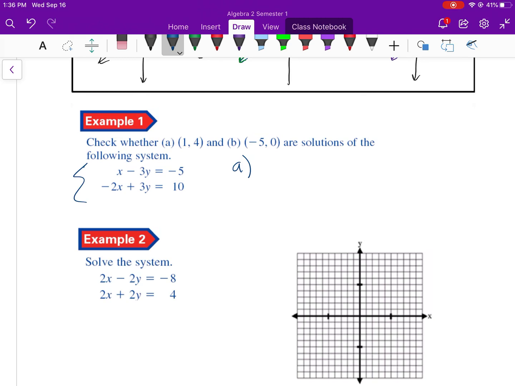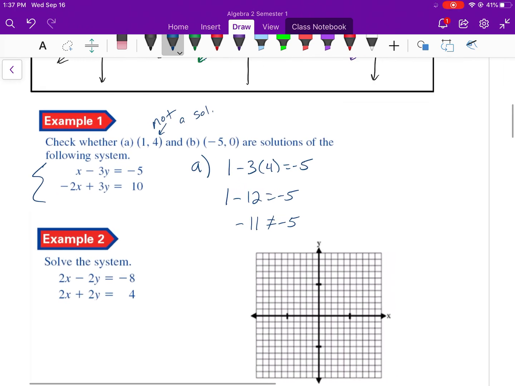Plugging it in, we get 1 minus 3 times 4 equals negative 5. So 1 minus 12 equals negative 5. Negative 11 does not equal negative 5. Therefore, (1, 4) is not a solution. If we were to plug that into the other one, let's go ahead and do that.